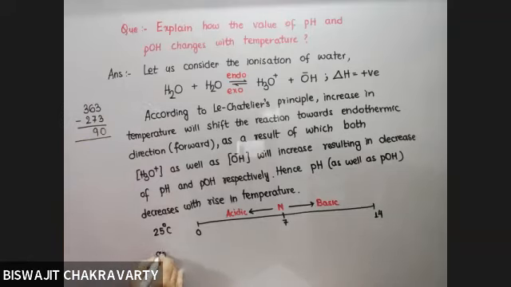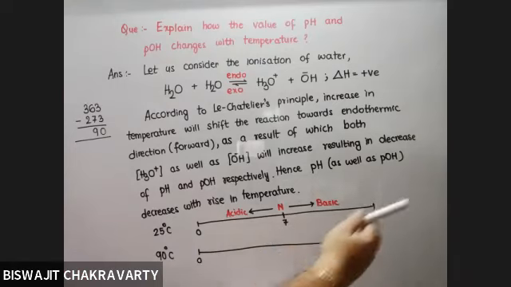Yes, sir. So at 90 degrees Celsius, in a question Kw was coming out to be 10 to the power minus 12. So if Kw is 10 to the power minus 12, then pKw will be 12. So at 90 degrees Celsius, you will see that the pH scale gets shortened. It is 0 to 12.